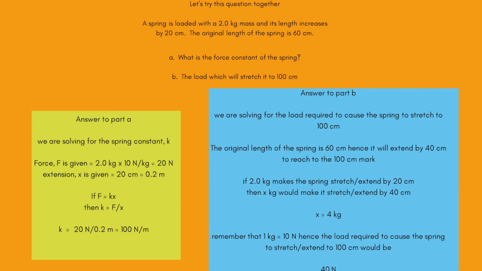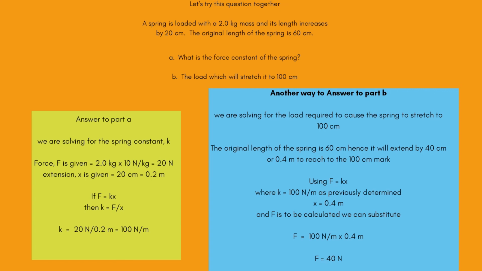If 2 kilograms makes the spring extend by 20 centimeters, then X kilograms would make it stretch by 40 centimeters. X will be equal to 4 kilograms. Remember, 1 kilogram is equal to 10 newtons. Hence, the load required to cause the spring to extend to 100 centimeters would be 40 newtons.